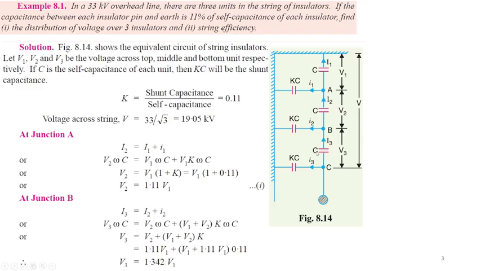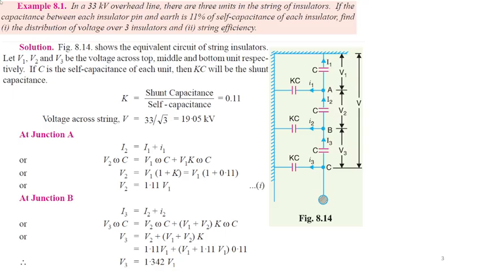This insulator is closest to the conductor, so we have the highest voltage here, V3, while the top unit has the lowest voltage. Using an equivalent capacitive model, the voltage distribution is derived step by step at each junction, showing how the coupling effect increases the voltage from the top unit V1 to the bottom unit V3.